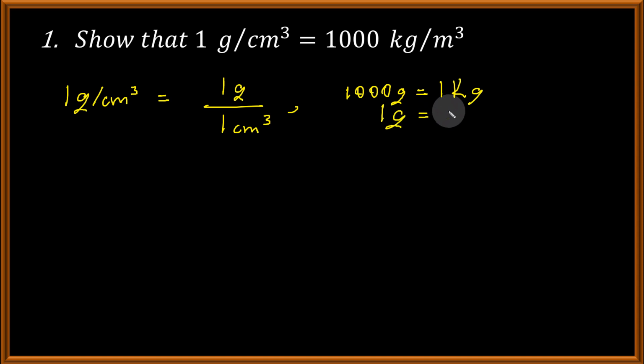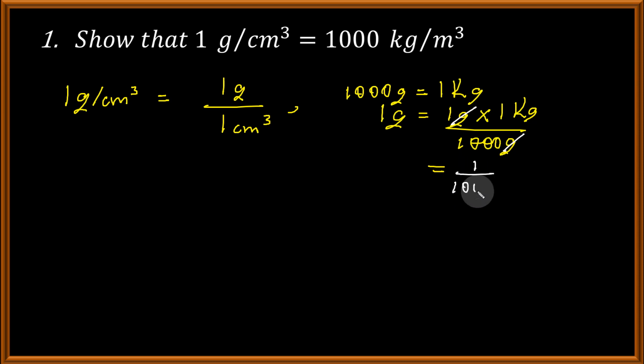So at this point, I can do what we refer to as simple cross multiplication. 1 gram times 1 kilogram, and then divide all that by 1000 grams. You'll observe here that the gram will cancel out with the gram, and I'm going to have 1 times 1 is 1, divided by 1000, kilograms.